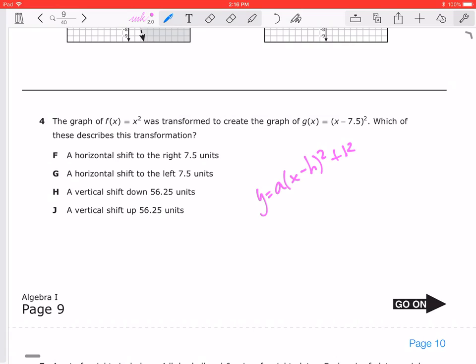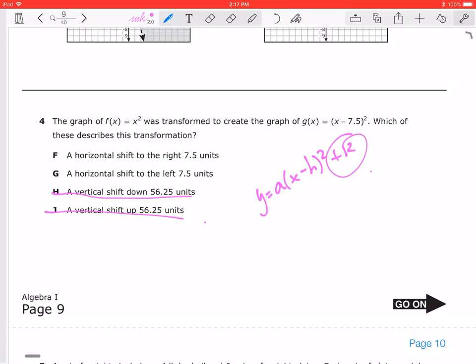The a value determines whether or not it's stretched. Our a value in this case is 1, so we're not doing any stretch. And none of our answer choices are talking about a stretch. We're either talking about a horizontal shift or up or down. Remember, the k determines whether or not it goes up or down. So that's going to take out the vertical options, because our k value is 0, so we have no shift or translation up or down along our y-axis.